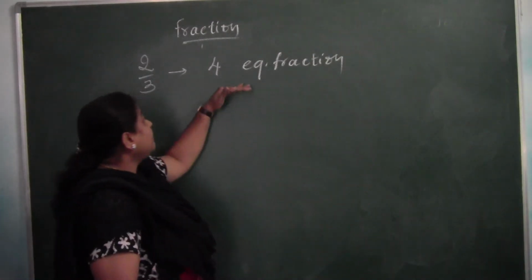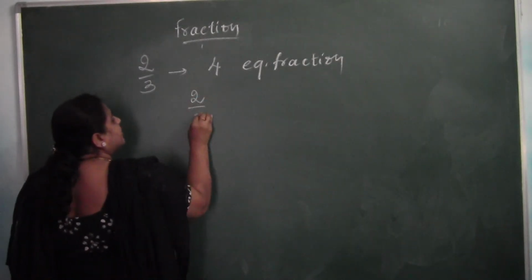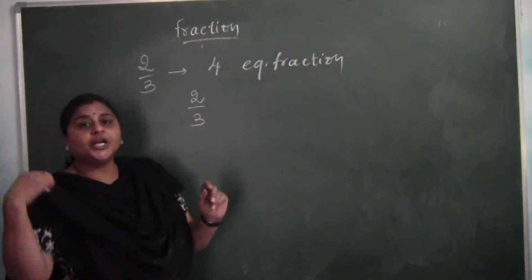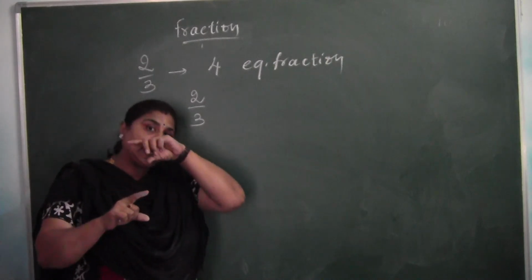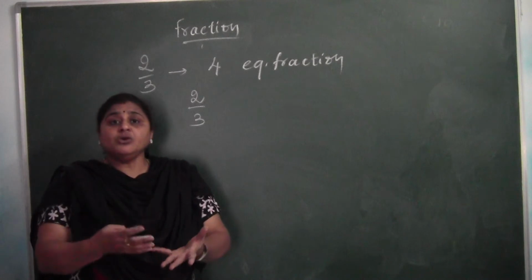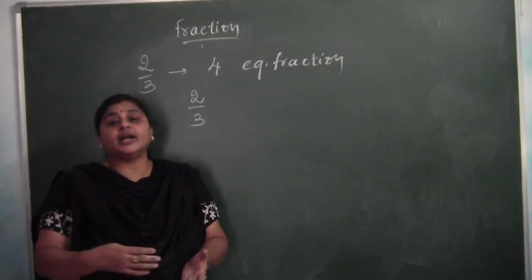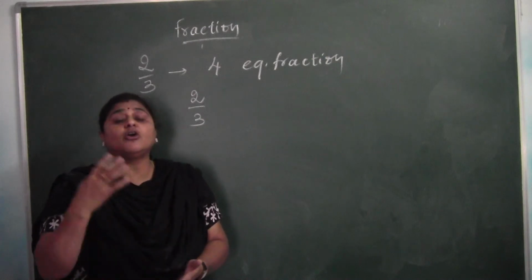Alright, so here we have to write 4 equivalent fractions. First, let us take the given fraction 2 by 3. I have said you can multiply the numerator and denominator with any number. There is no rule that you have to start from 1, 2, 3, and so on. Any number you can take of your wish.